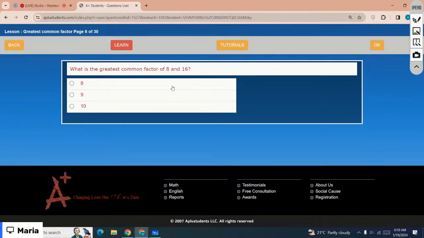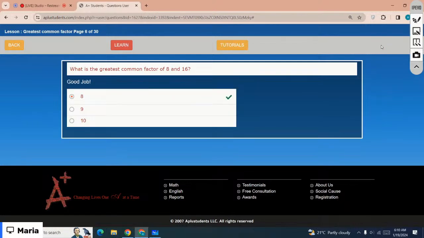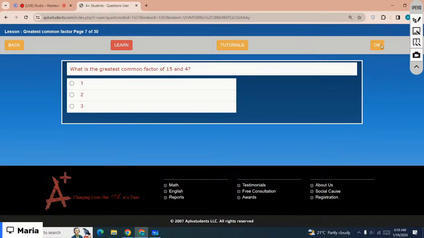The greatest common factor is 8. And what is the greatest common factor? Yes, that is 1 for 15 and 4. That is only 1, right?